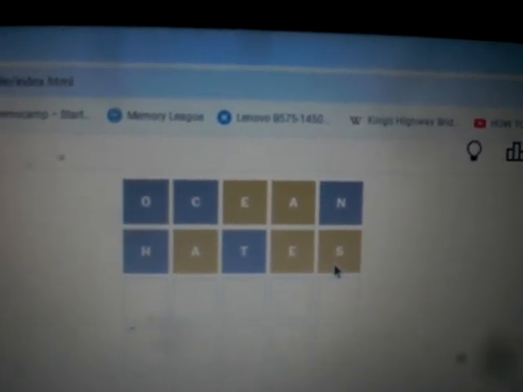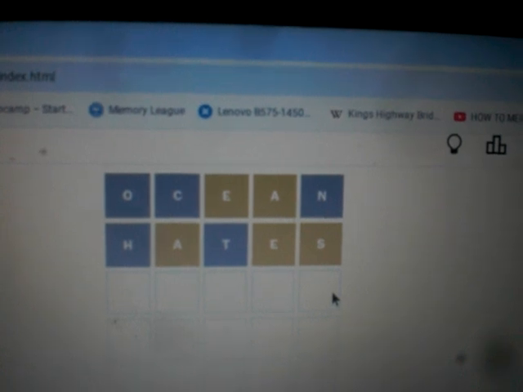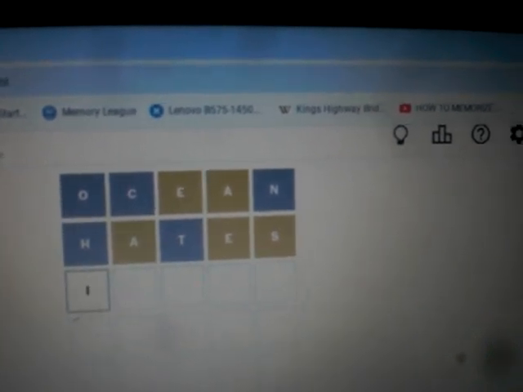So after the second guess, always a good time to review your vowels. We got the A and the E on the board. Haven't guessed the I yet. The O's out. Haven't guessed the U or the sometimes Y. So still vowels available. Now let's use our ETAOIN SHRDLUC system once again.